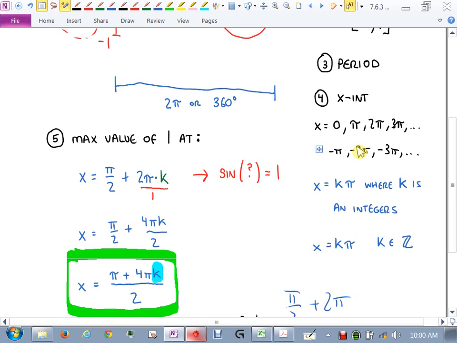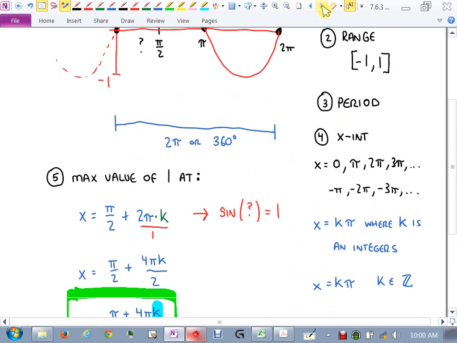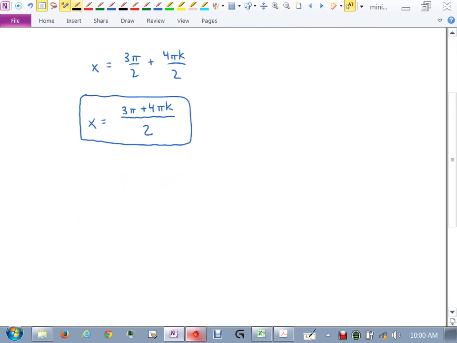All right, a couple of other things about sine. Let's see, now we're on the 6th thing. The amplitude is 1.